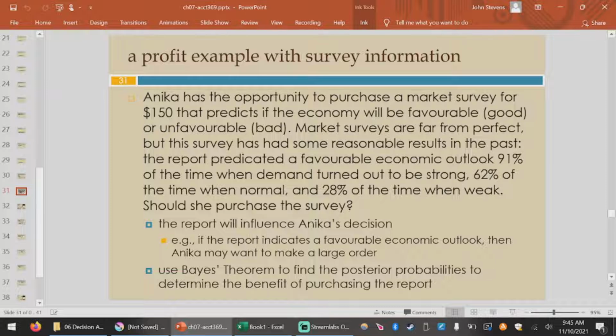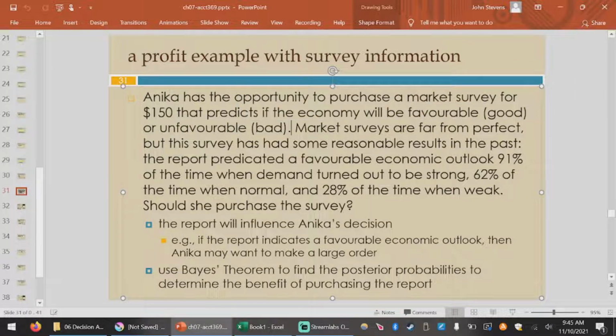So before, I want to just think, what do I want to do next? So, okay, let's just read through this. I updated the wording here a little bit to, I think, be more accurate in the information that it is trying to convey. So the market survey is going to say favorable or unfavorable.